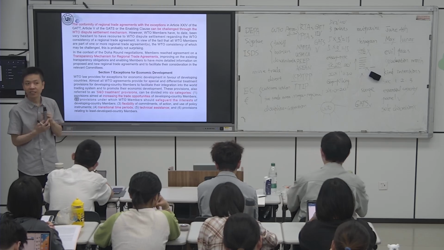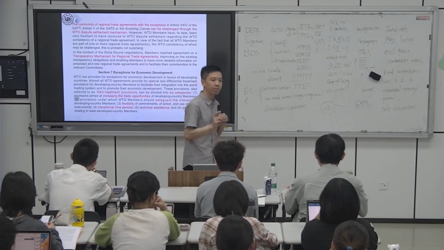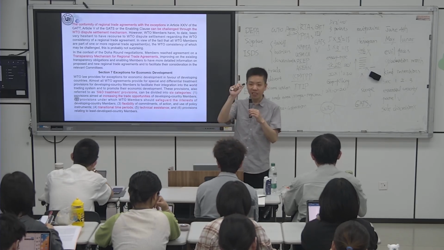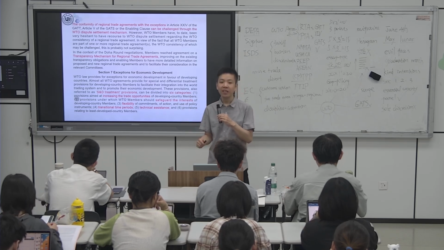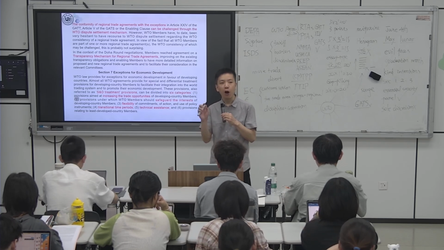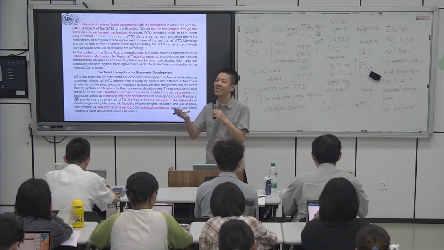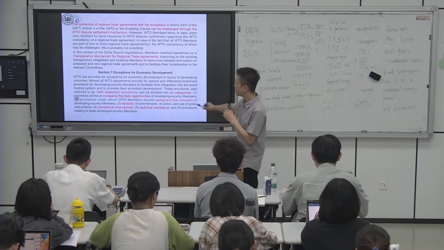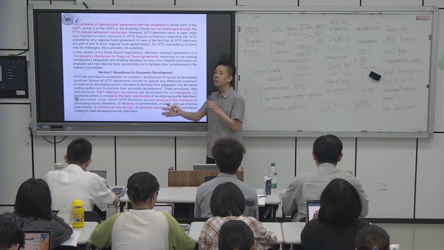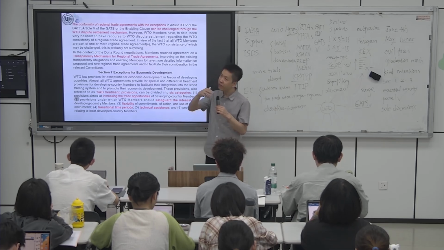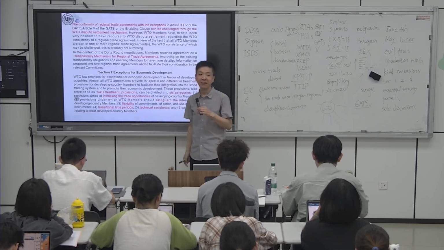It's about developing countries. Why is it called development dimension? It's about the preferences offered by the developed countries to those developing or least developed countries. Economic development also relates to the preferences offered by the developed ones to the developing and the least developed ones.